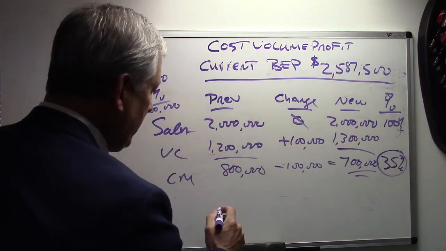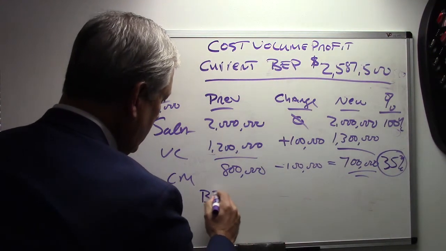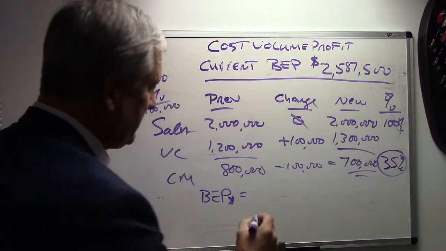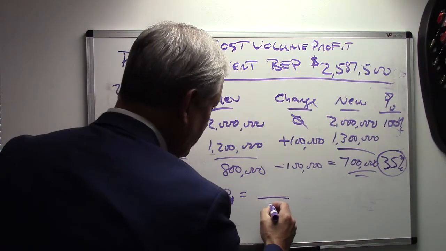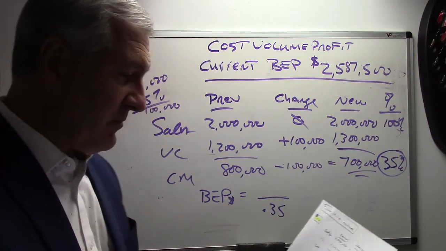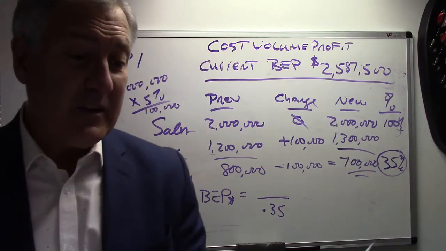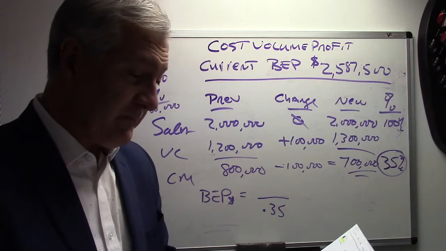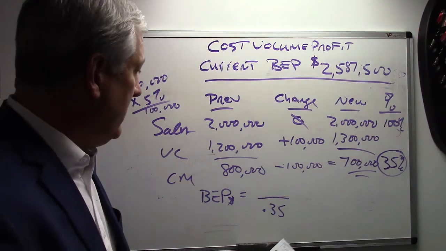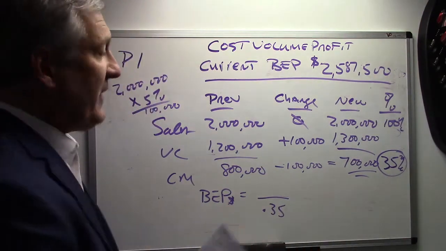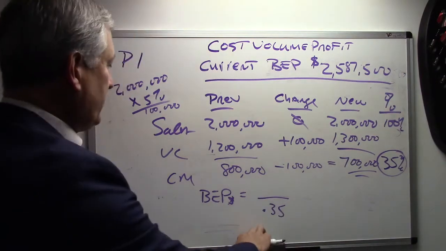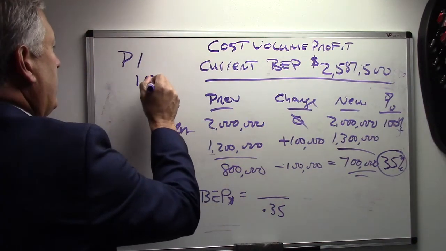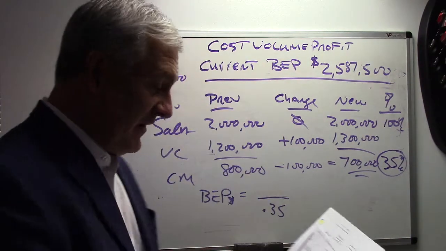So we need to calculate the break-even point in dollars. It's the fixed cost divided by the contribution margin percentage. We know the contribution margin percentage is 35%, or 0.35. But doesn't the fixed cost change? They were $1,035,000, but there was a change.